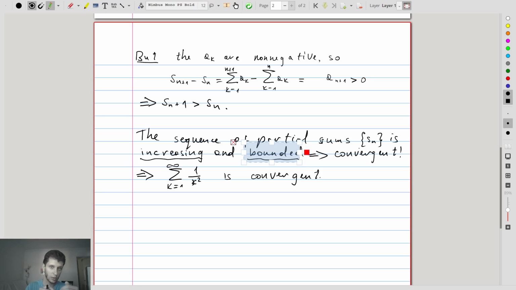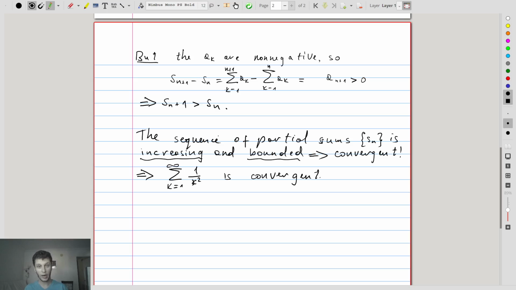Because it can only go one direction, up or down, and it cannot go very far because it's bounded. So therefore it must be convergent. It cannot oscillate, because that would break monotonicity. It cannot go to infinity, because that would break boundedness. So it must converge. And we obtained that the sequence of partial sums in this case is convergent. So hooray, we win, because it means that the infinite series is convergent.